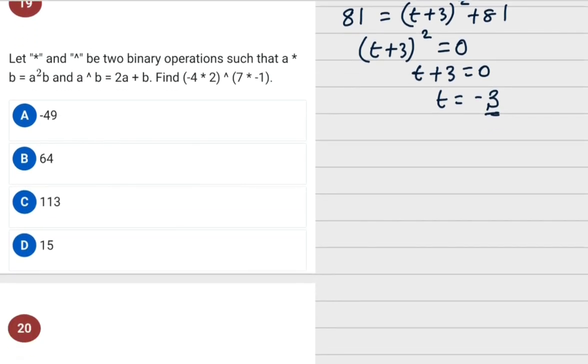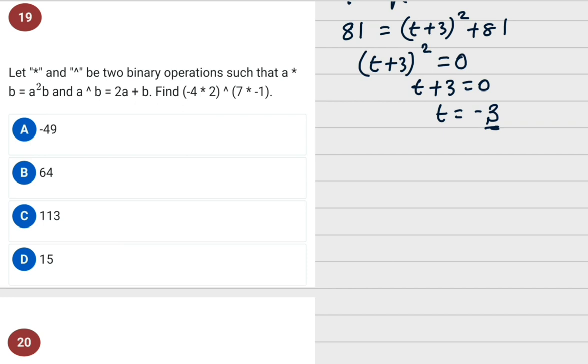Then let's go to number 19. Number 19 says, let asterisk and the other operation there be two binary operations such that A asterisk B is equal to A squared B. I'm talking about number 19 now, so don't forget.